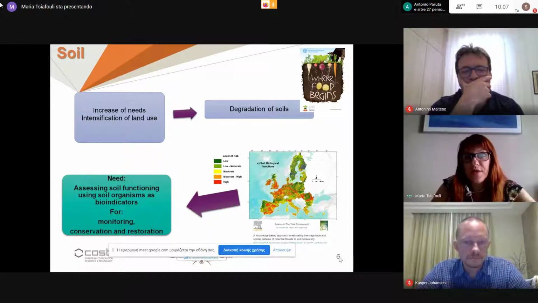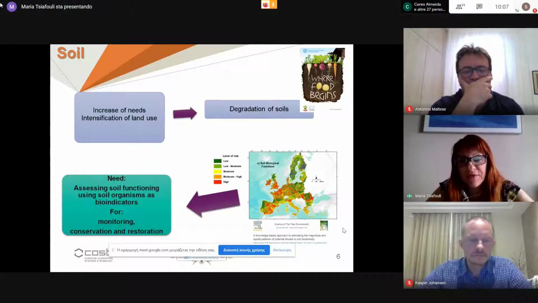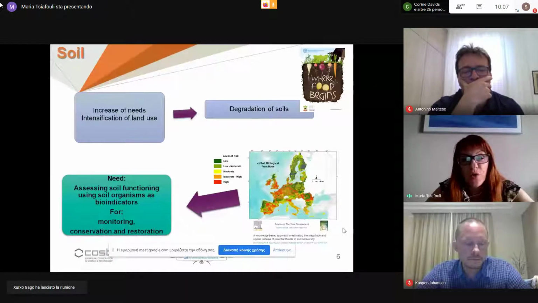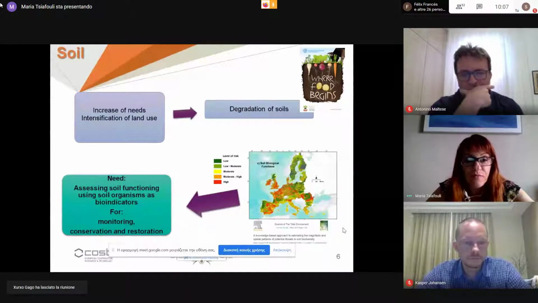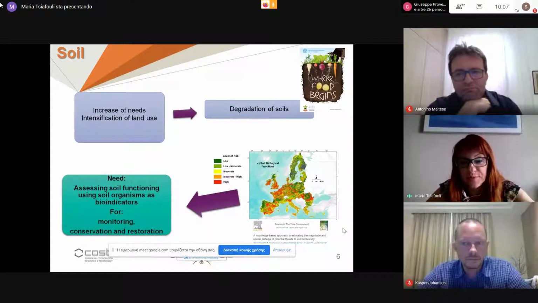And here you can see in the map of Europe that in red, you have already many degraded areas that have lost significant parts of soil biodiversity and soil biological functions. So there is a need to assess soil functioning based on soil organisms and use them as biological indicators if you want to properly monitor, conserve, and restore ecosystems.